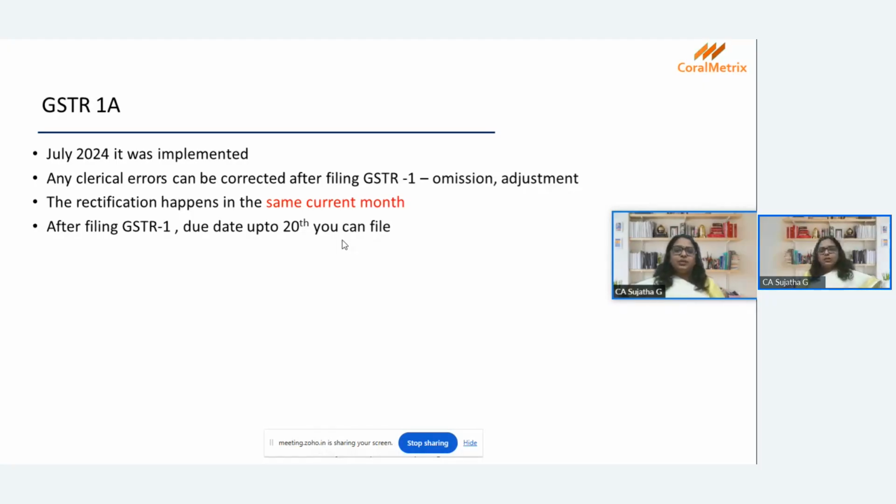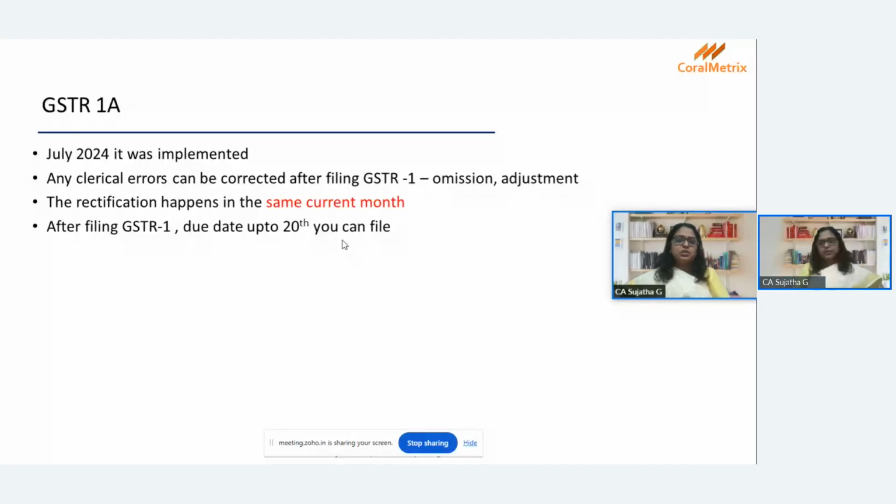So with this in mind, till last 7 years, we never had anything called rectification. Whereas now, they have introduced rectification in the form of GSTR1A. What can be rectified? Assume I have filed my GSTR1 on 11th.